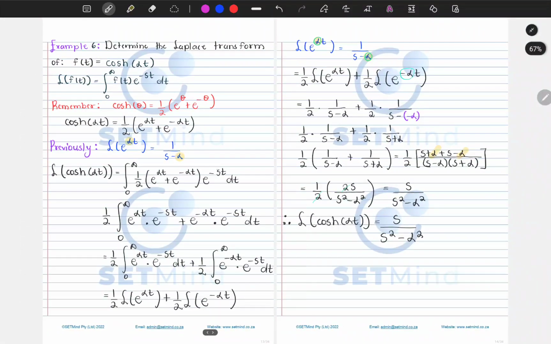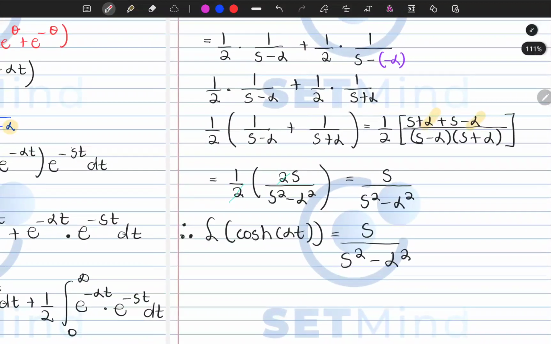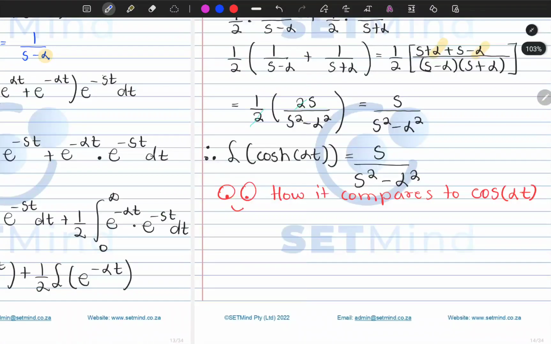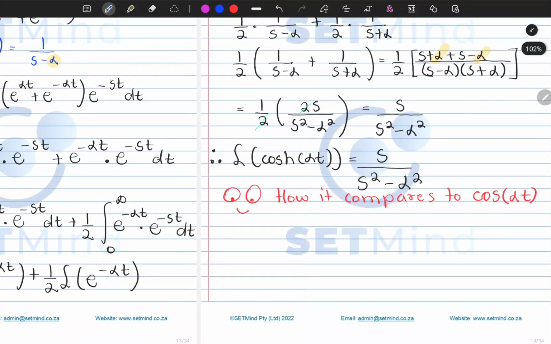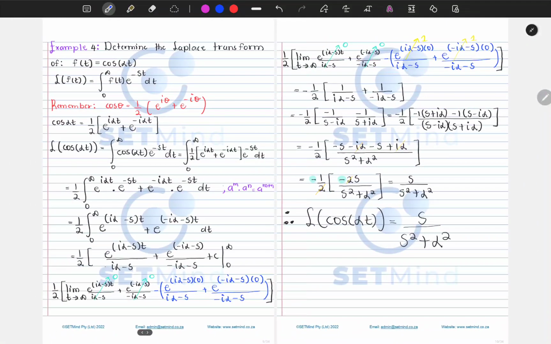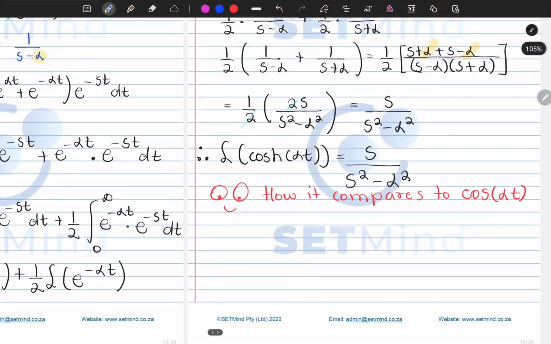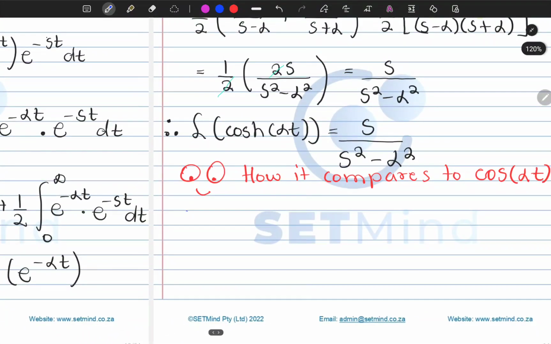That is what we have. And if you look at how this compares to cos, so let's quickly have a look at how it compares to cos. So cos, we did it previously, and let's see. The answer we found was more or less the same, but the difference was at the bottom.